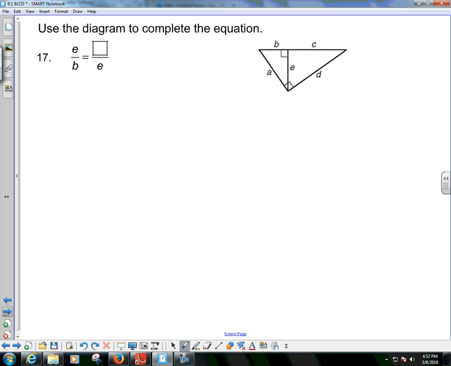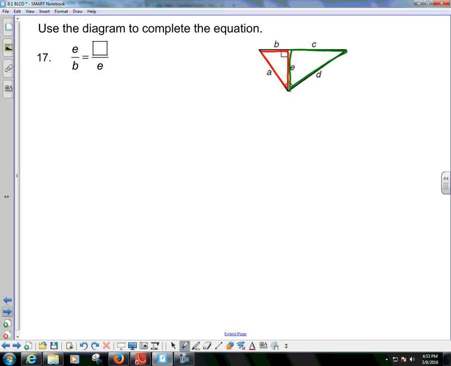So the next thing I'm going to do is look at number 17, and 17 is considerably easier. For these, you can do them a couple of different ways. You can look at the corollaries and figure that out. I'm a big fan of similar triangles, so I'm really going to come over here and say, I have B and E. B is the short side of this red triangle, and E is the short side of this green triangle.